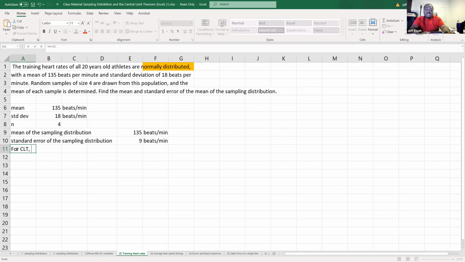For CLT with a sample size of 4, but normally distributed, the mean of the sampling distribution is 135 beats per minute.